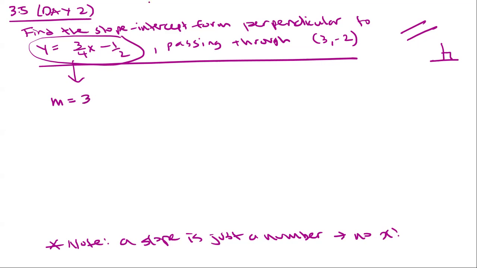Okay? So that's our slope, 3/4. Okay? So now what? We want it to be perpendicular. So what does that mean again? That means it has to form a right angle, right? So if our original slope is 3/4, what's going to be the perpendicular slope? What does that have to be?